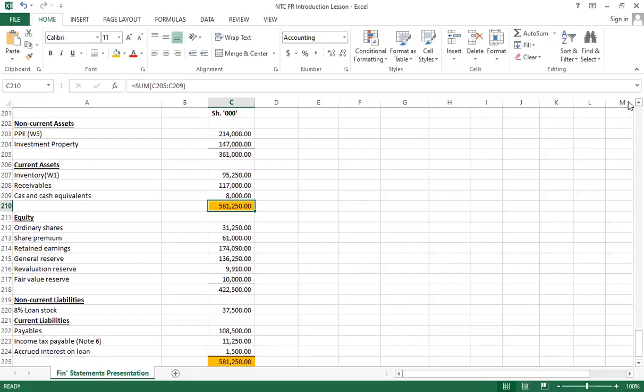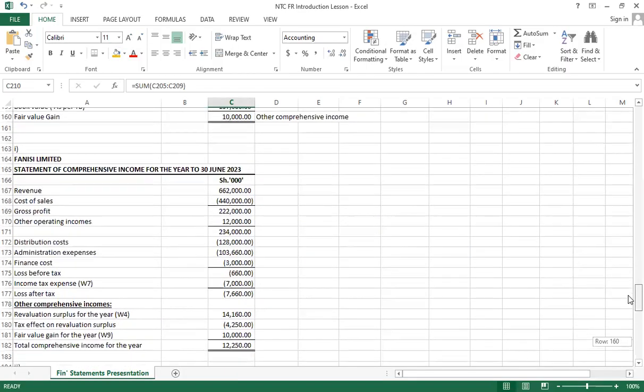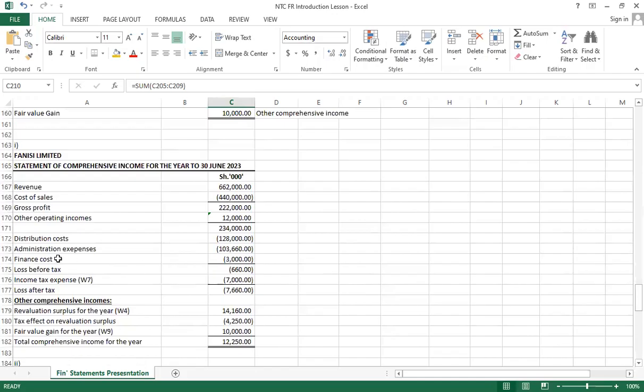Yes, how did we get the accrued interest on loan? I came back to the P&L and looked for the finance cost. Remember, the finance cost is what we call interest. The finance cost was 3 million, that is what we expensed.